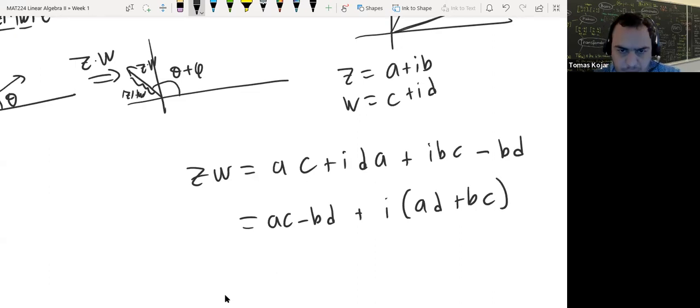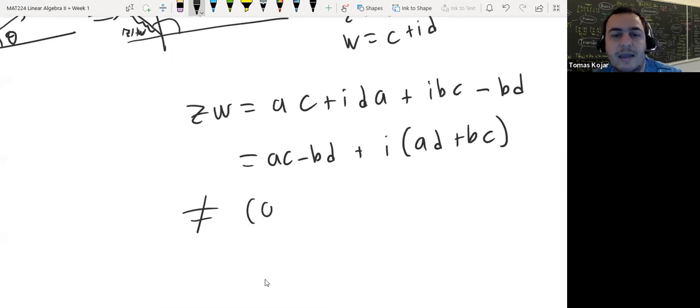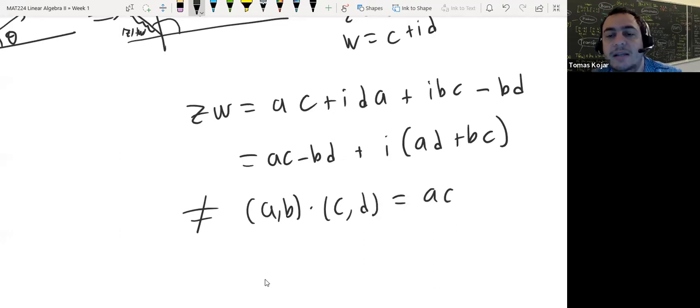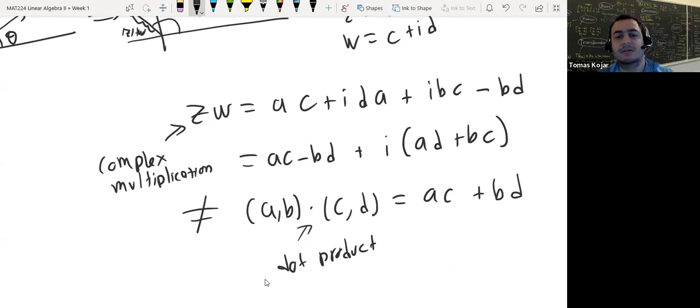Now, there are some cross products here, and you can see this AC minus BD is definitely not the dot product of (A, B) times (C, D), which is AC plus BD, right? So this is the dot product, and this is complex multiplication. That's a good question, and I'm happy you asked it because it's a common issue.